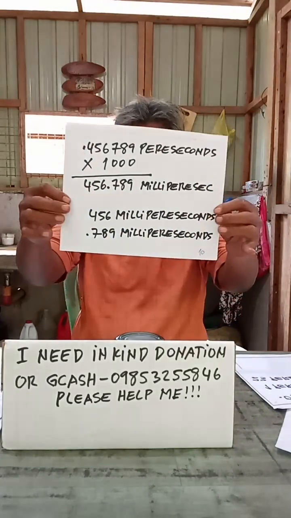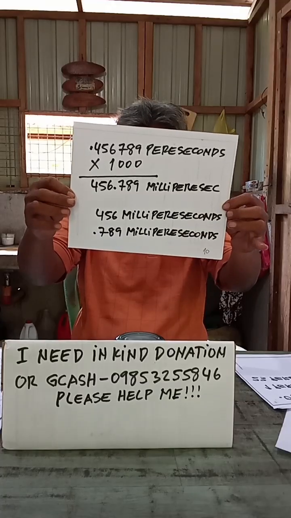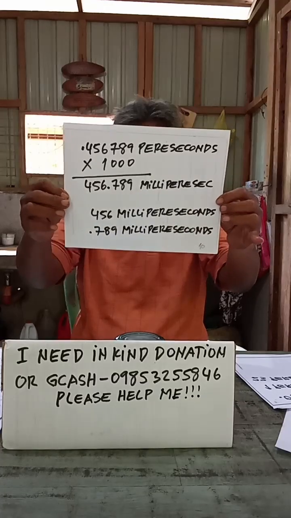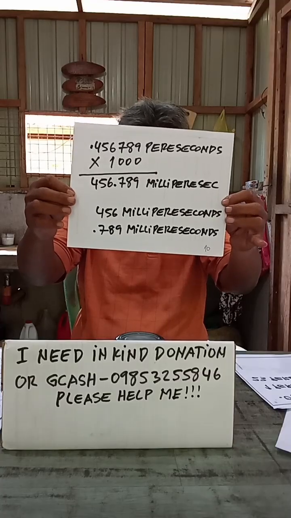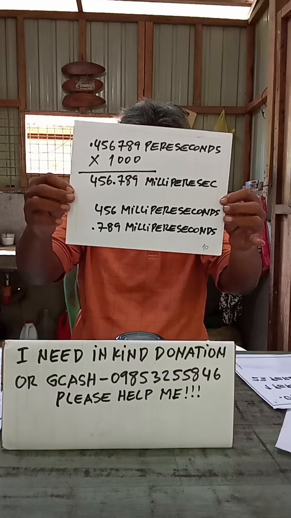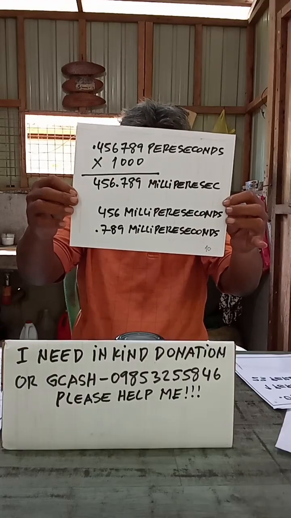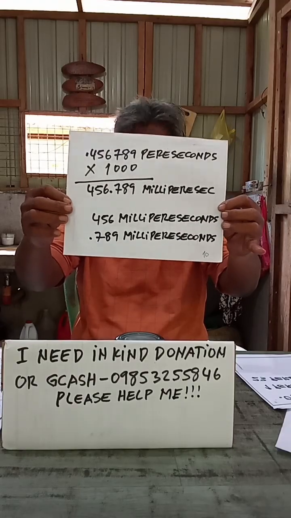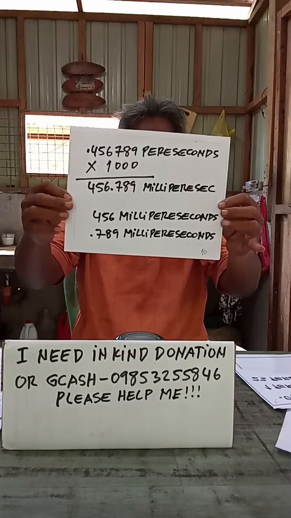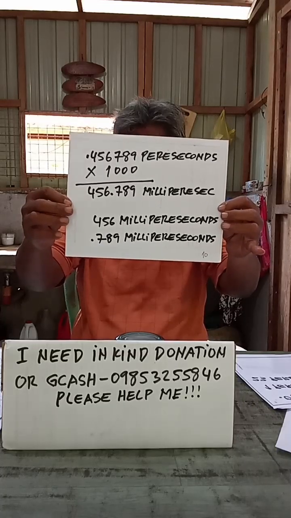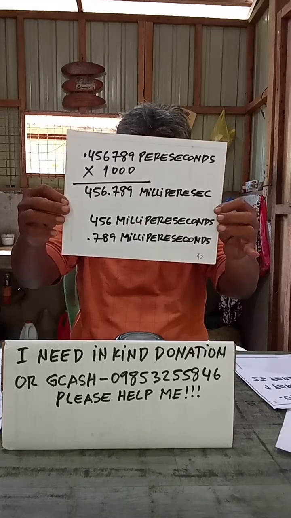The smaller unit than perisecond is milliperisecond. Then 1 perisecond is 1,000 milliperiseconds. So multiply the decimal perisecond by 1,000 or move 3 decimal places to the right, and the product is 456.789 milliperiseconds.